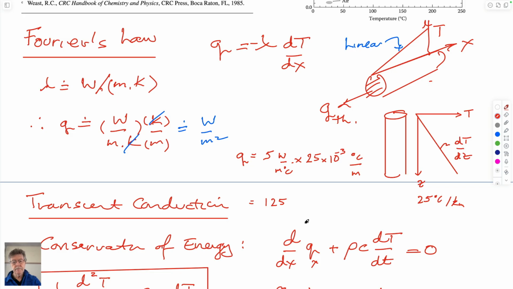No, milliwatts per meter squared. And so that is a milliwatt.